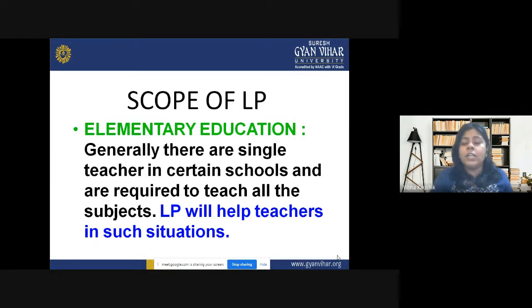Linear programming will help teachers in such situations. The teachers can use linear programming for teaching the students, and it can be a very helping hand for the teachers to deal with these situations.